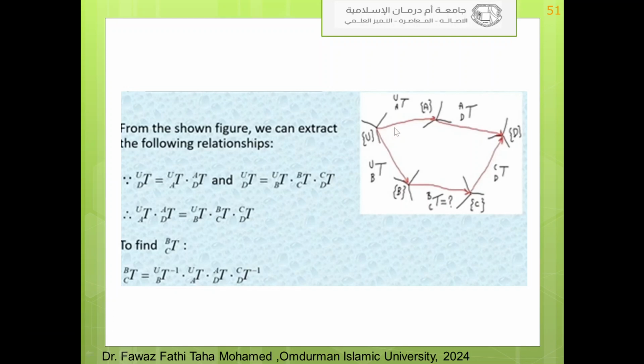TDU is just equal to the multiplication of this transformation matrix with this transformation matrix, and also TDU.